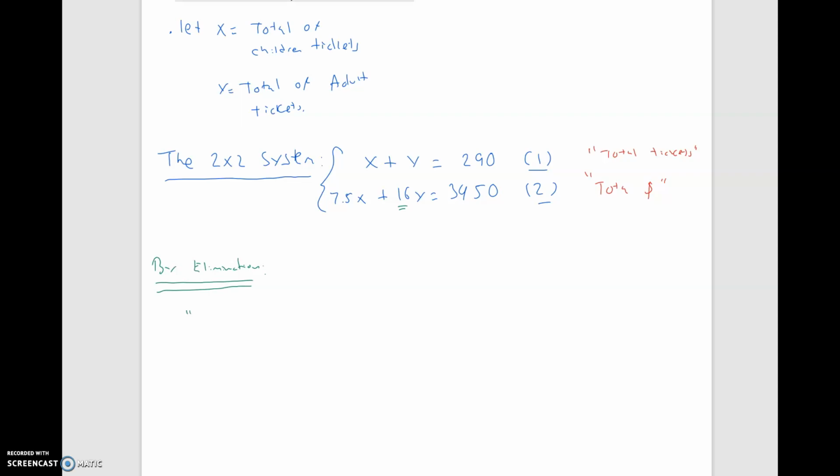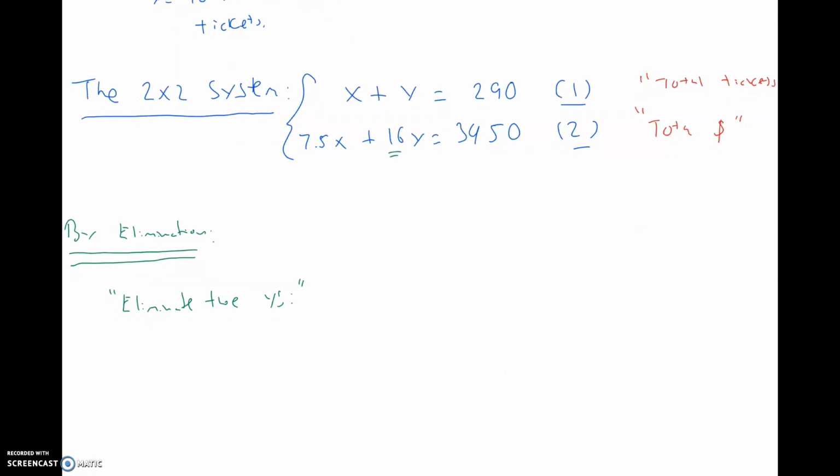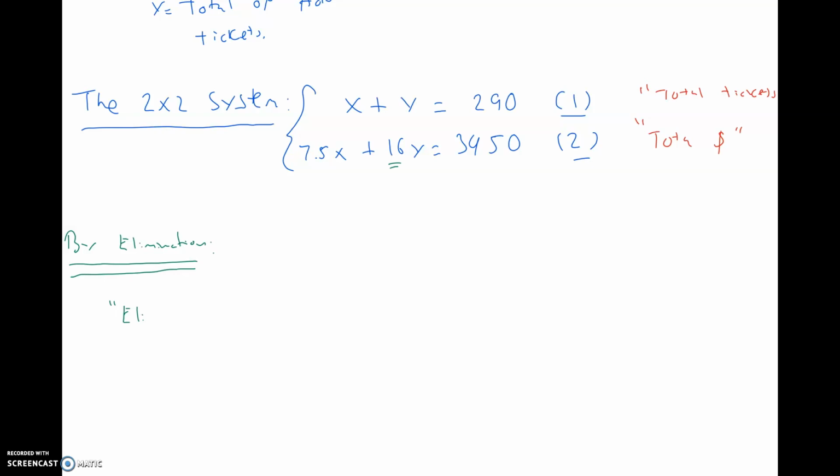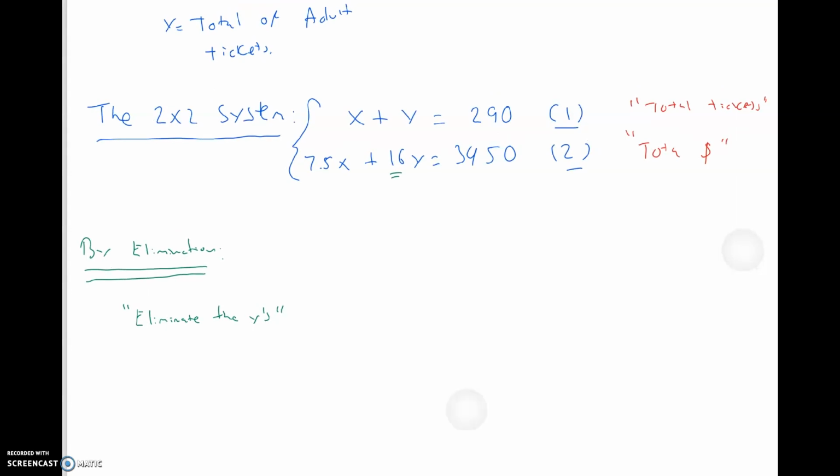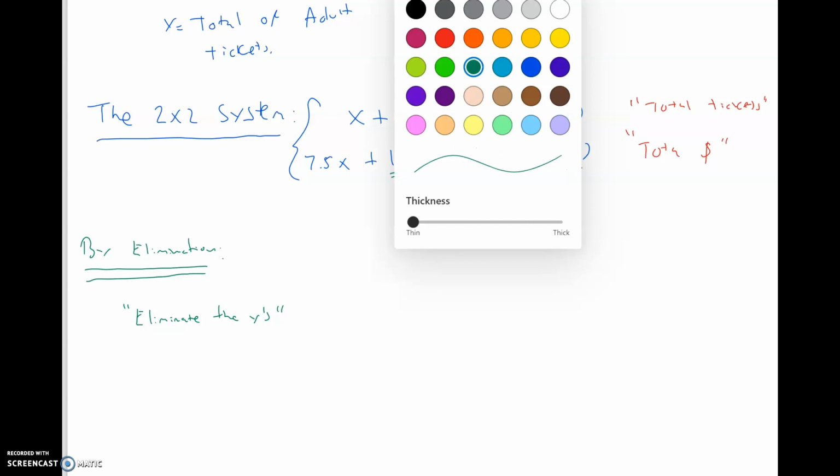So let me write it as eliminate the y's. To eliminate the y's, the fastest step would be to multiply equation 1 by negative 16.